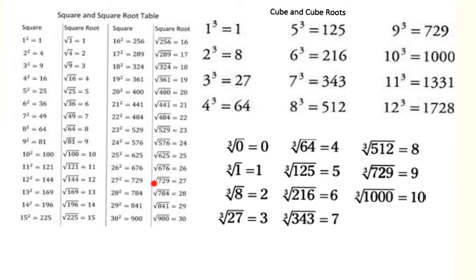Here are the square numbers through 30, and here are the cube numbers through 12. Being familiar with these will make the problems go faster, and the more practice you do, the easier and faster it gets. You can always use your calculator to double check if you're not 100% sure.